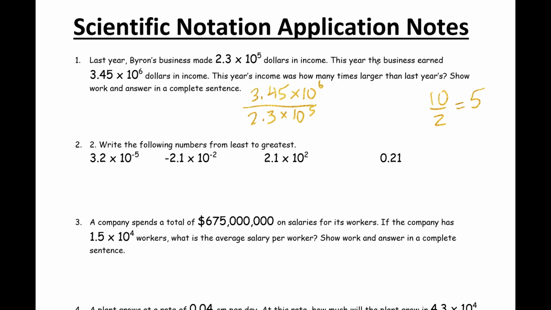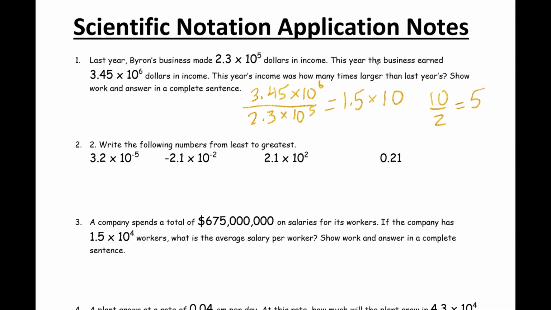So just like you were taught when you're looking to divide, you divide the numbers. 3.45 divided by 2.3 gives you 1.5. And then times 10 to the 6 minus 5, which is 1. So if it doesn't say leave it in scientific notation, if you multiply 1.5 times 10, you'll get 15 times larger.